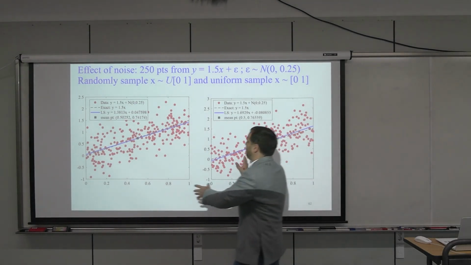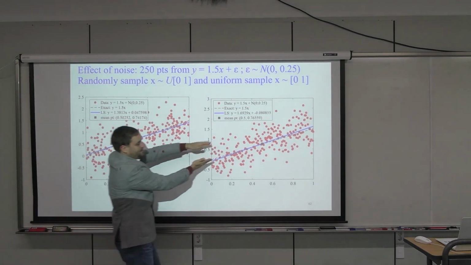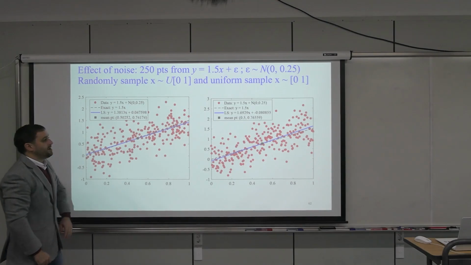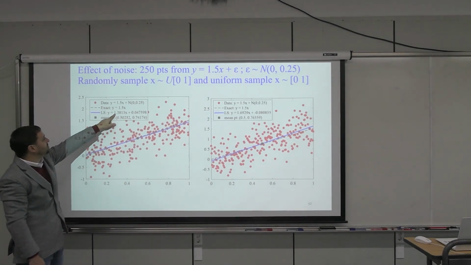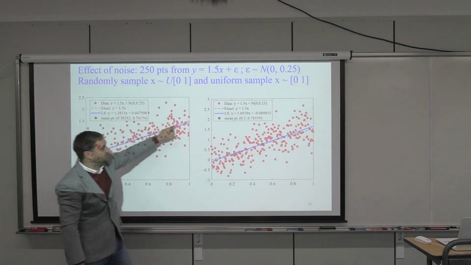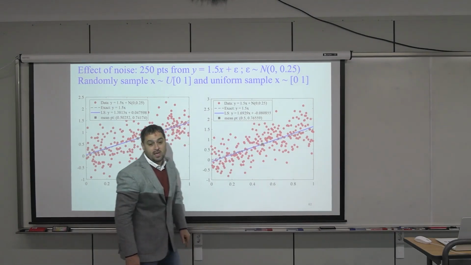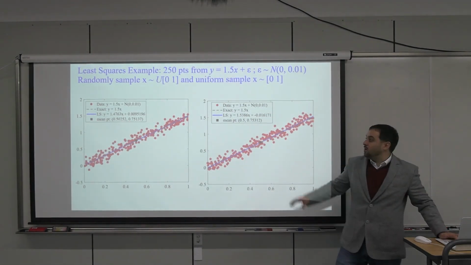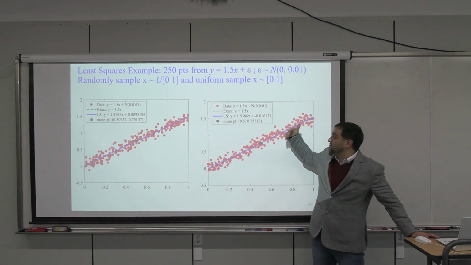By just looking at the scatter plots, you can see there's a lot more spread in our data. Once again, we use 250 data points. Now our least squares fit: 1.38 is our slope, 0.04 is the y-intercept. Here, 1.69 and negative 0.08.